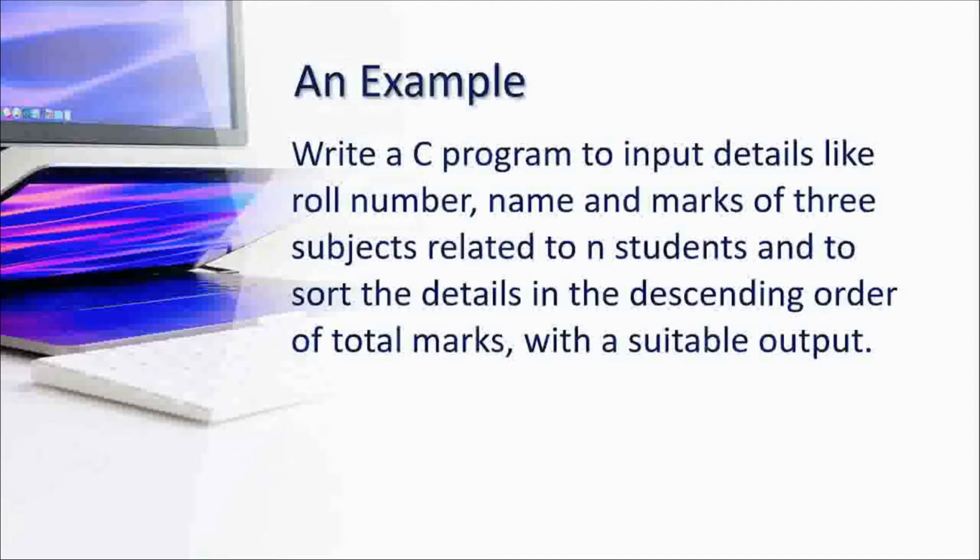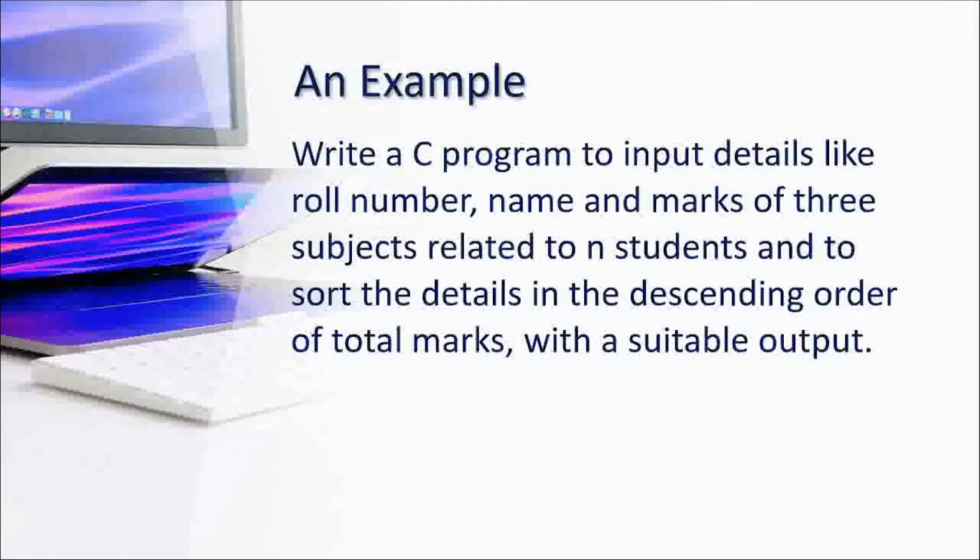So we have n students, and for each student there are details like roll number, name, and marks of 3 subjects. And obviously, since we have to sort the details in the descending order of the total marks, there should be a field for storing the total marks also. So there will be roll number, name, marks of 3 subjects, and then the total marks field also.